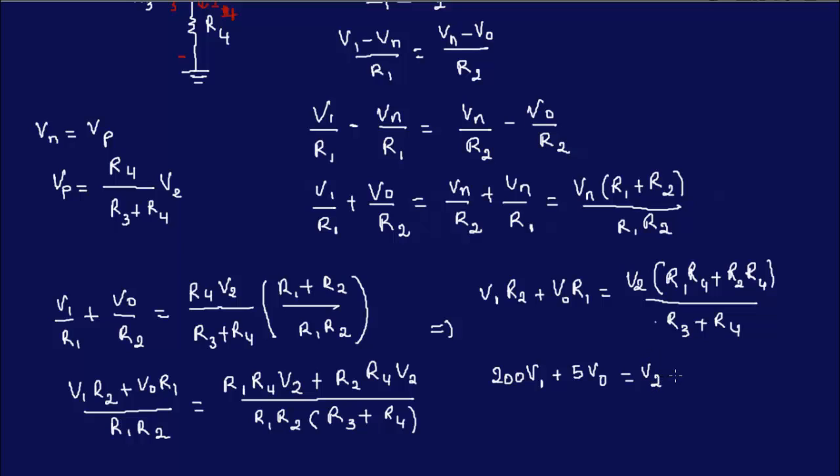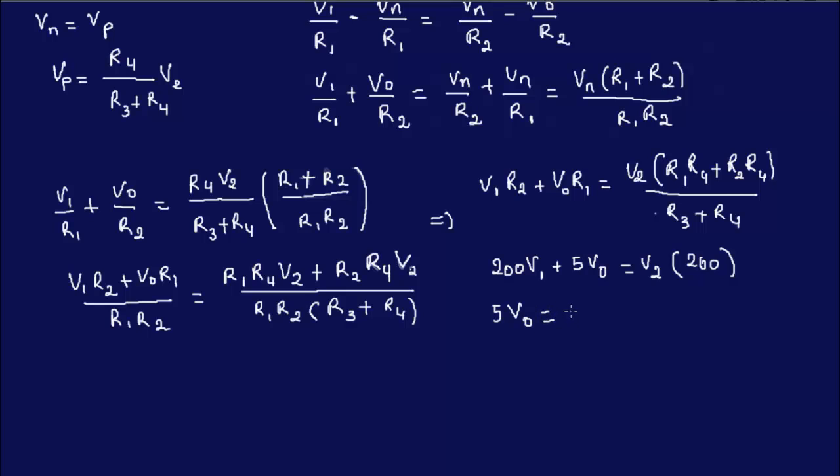So now I have 200 V1 equal to 200 V2 minus 200 V1, and so 5 V0 is equal to 200 times V2 minus V1.